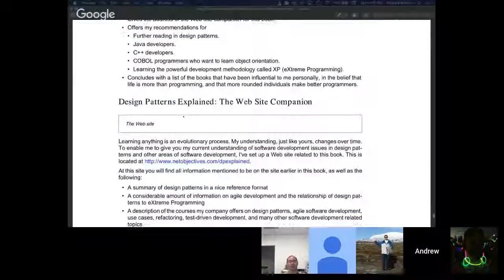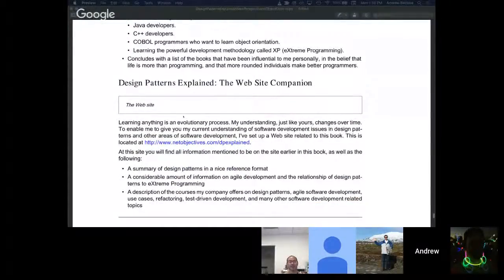When you're a book writer, you have to reach the largest audience. You can't discriminate against them. The books are in Java, because even if you don't speak Java, even if you use C or JavaScript or C++, you can still basically read it.